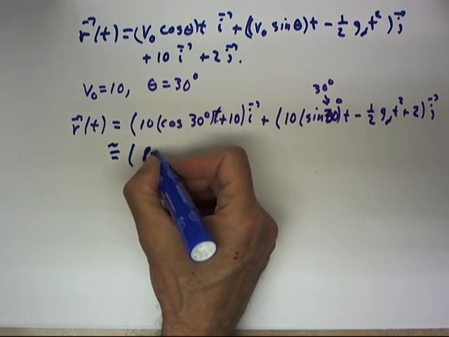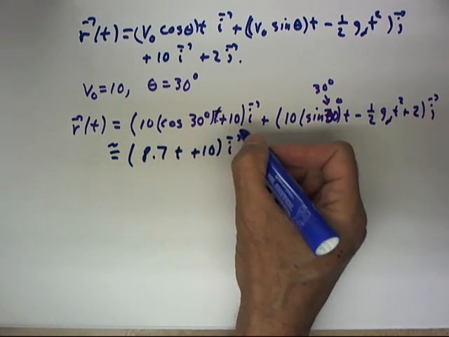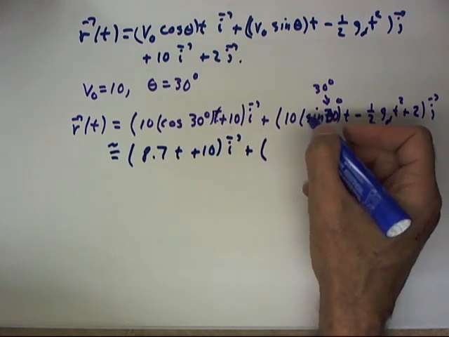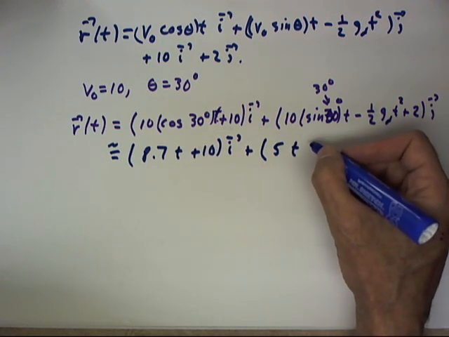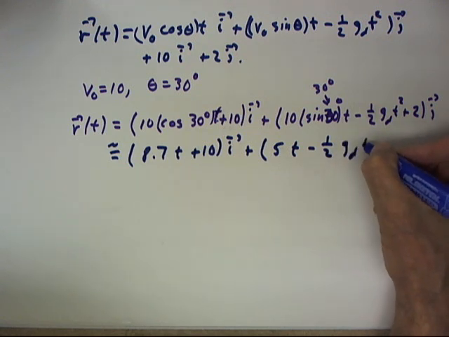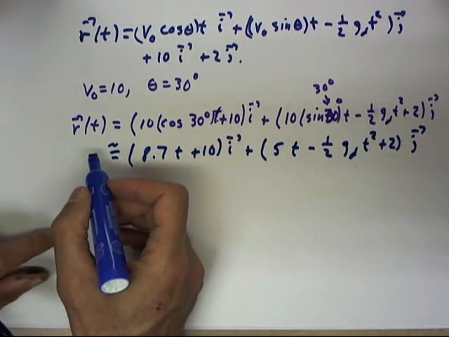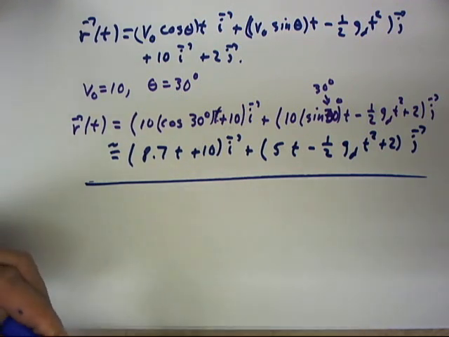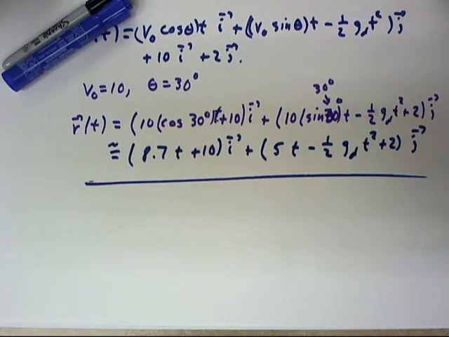Well, that's about 8.7 t plus 10 times i. And to that we're going to add 10 times the sine of 30 degrees. Sine of 30 degrees is exactly 1/2. So that's 5t minus 1/2 g sub d t squared plus 2 multiplied by j. That should be the r of t function for our motion.